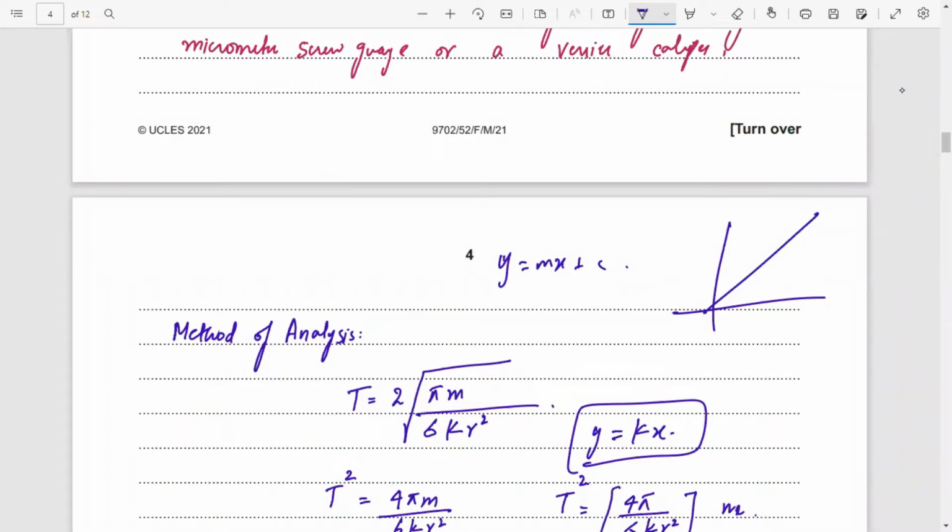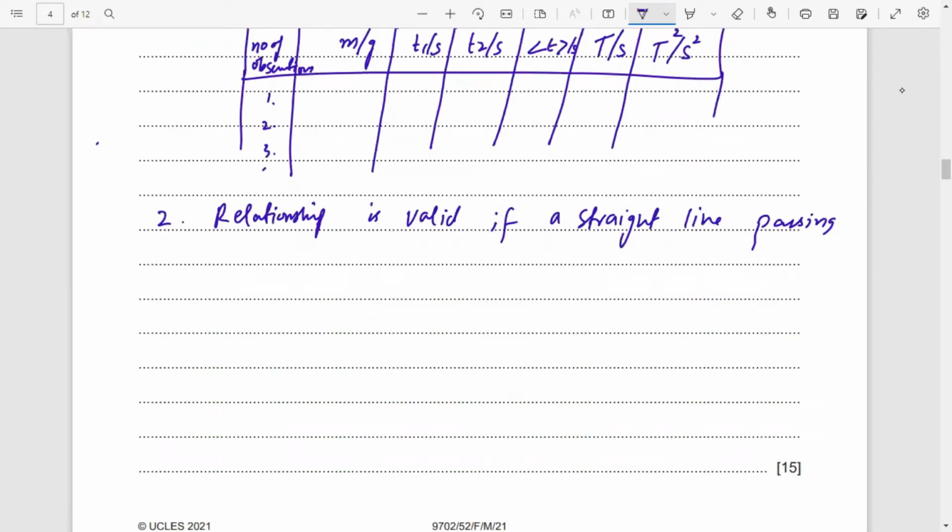It is the essence of what you have studied in 11th and 12th. Paper 5 is a genius paper. It is a genius paper. Relationship is valid if a straight line passing through the origin is produced.